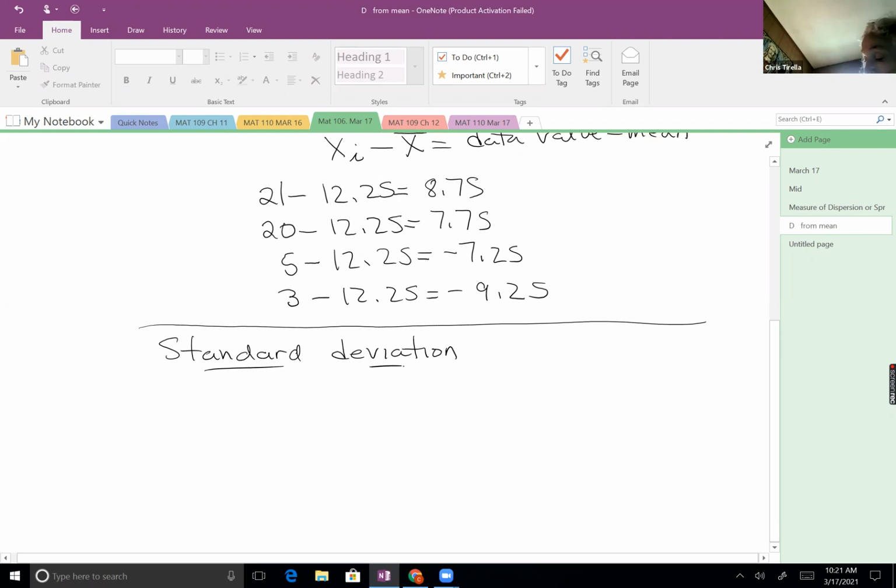And the standard deviation is a measure of sort of like the average deviation from the mean.